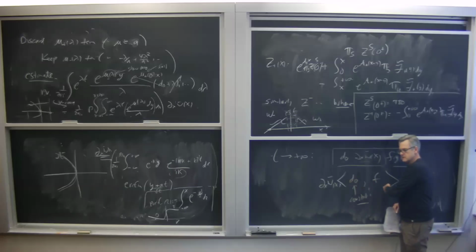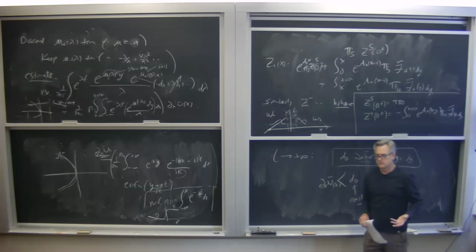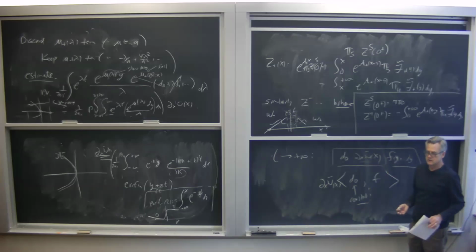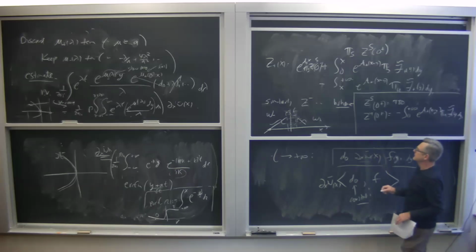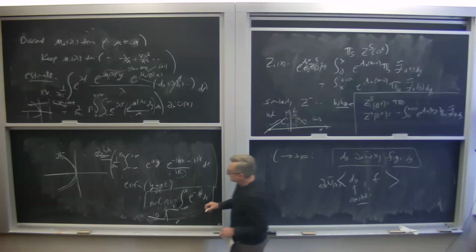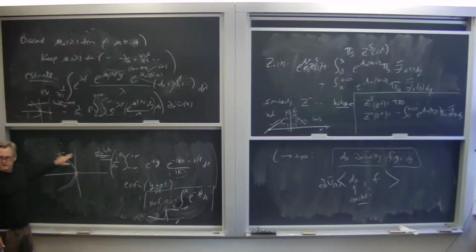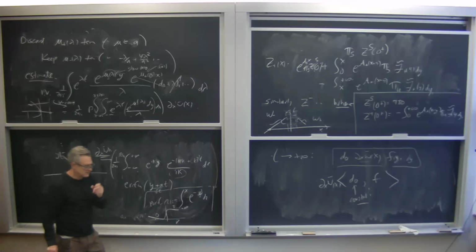This is just a constant against an L2 function integrated from minus infinity to plus infinity. That's not bounded. And that is a consequence of the fact that it's a pole embedded in the essential spectrum. It doesn't behave quite the way we expect it to.